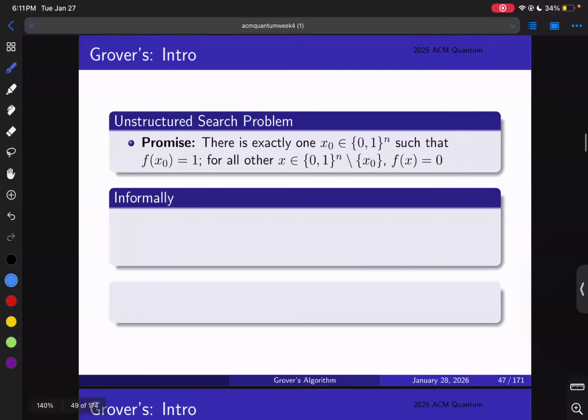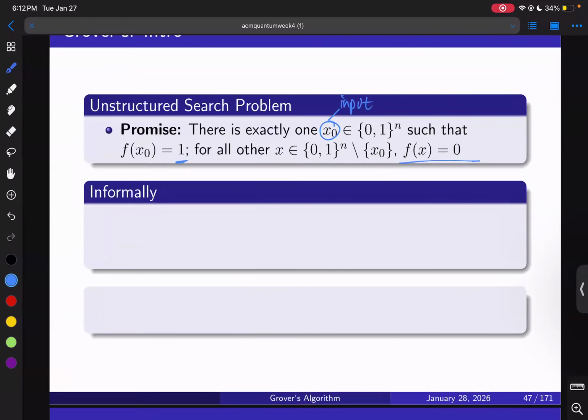The promise of the function is that there's exactly one input, this x naught here, such that when you input x naught into f, you get 1, but for all other possible inputs, you get 0. So basically there's one secret input that outputs 1.